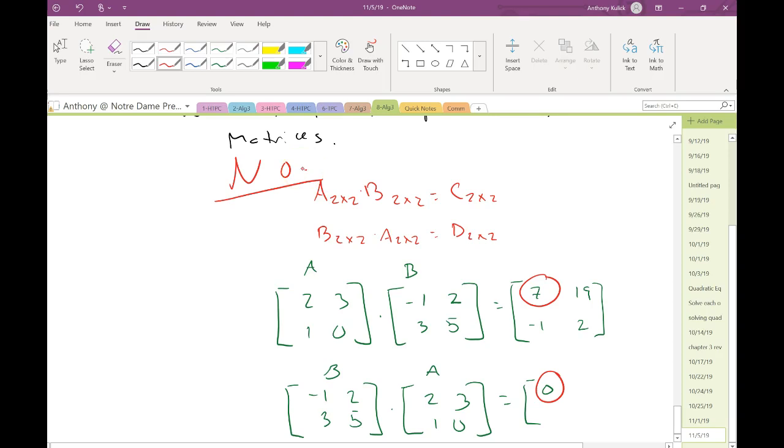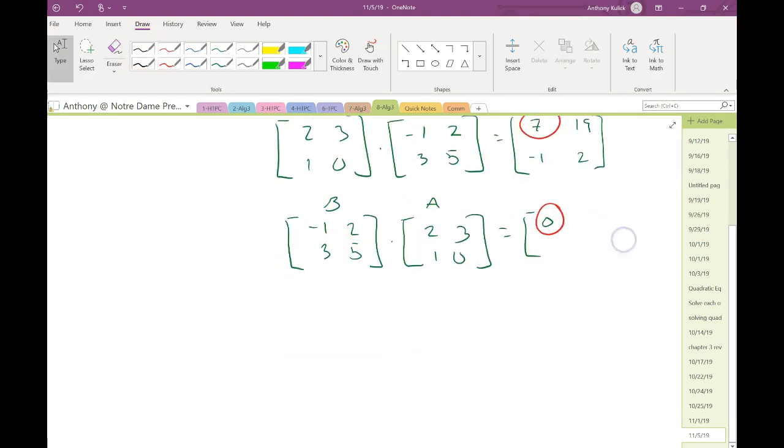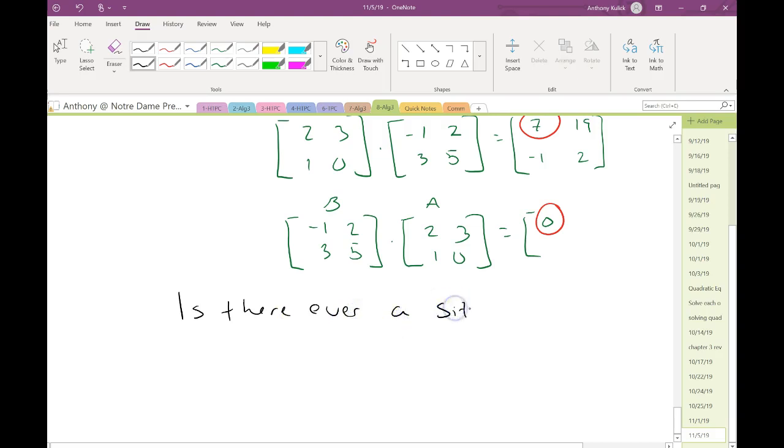Still no. That's not enough. So the question that we're left with now is, is there ever a situation where matrices commute?